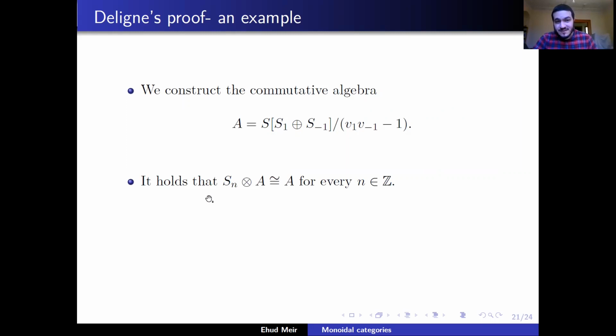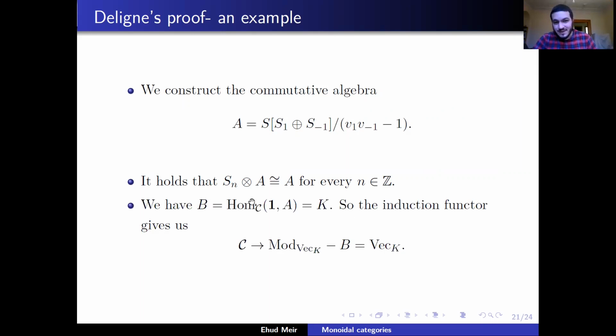The beauty of this is that it then holds that S_n tensor A is just isomorphic to A, and then if I take B, which is Hom_C(1, A), this is just K, the ground field, and then the induction functor just gives us already a fiber functor from C to Vec_K. Just as simple as that.